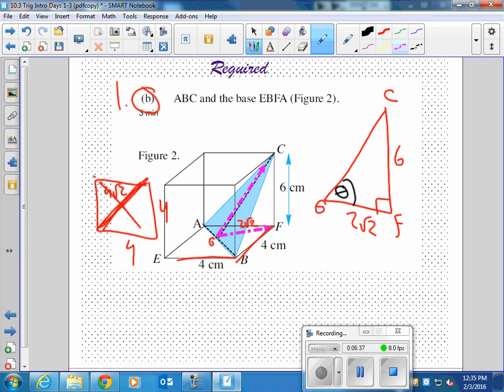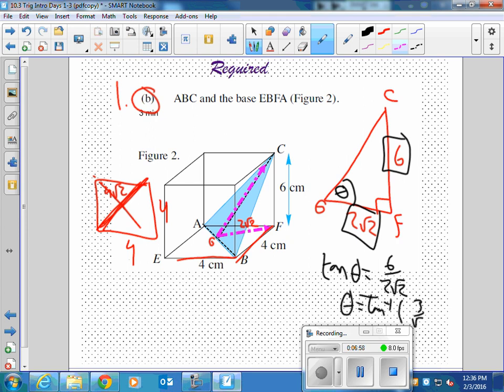And what relationship is there between theta, 6, and 2 root 2? Tangent, right? Tangent of theta is going to be 6 over 2 root 2. And then you're going to do the inverse tangent of that, 3 over the square root of 2. And then you'll get that angle.